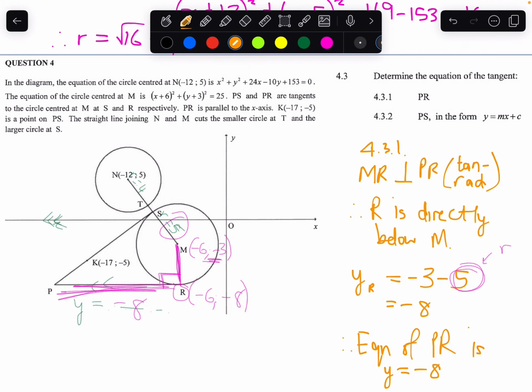Okay, then we're asked to figure out the equation of the tangent PS in the form y is equal to mx plus c. That is an interesting one. So what do we have? We know a coordinate of a point that is on the line.